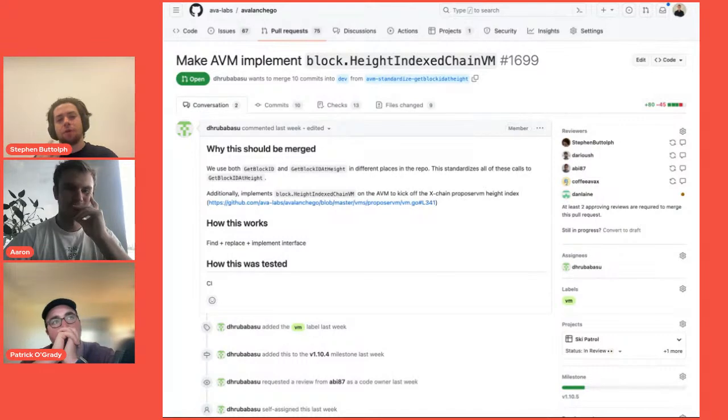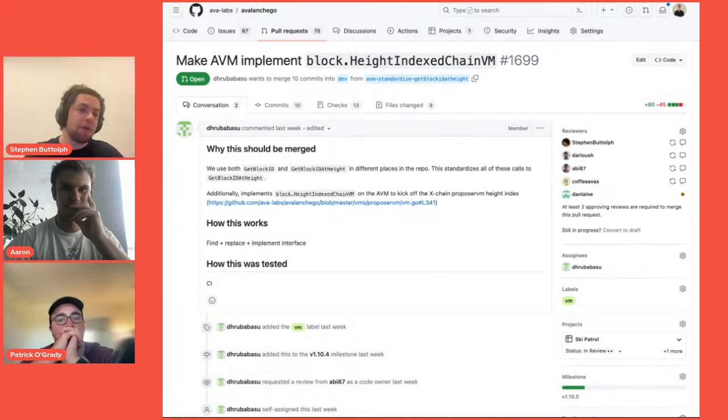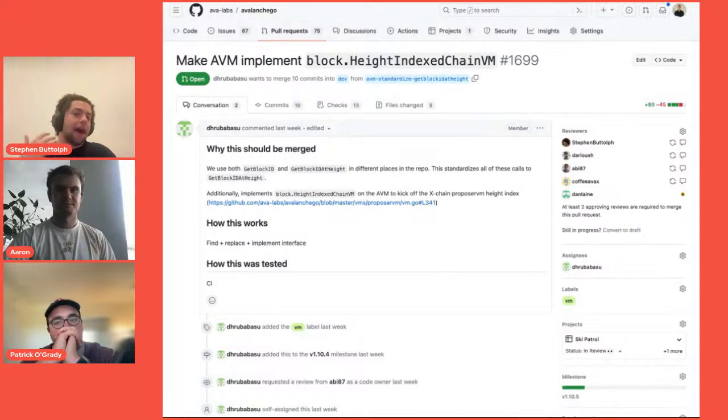We're in the process of introducing this height index to some of our chains that didn't have it before because it wasn't needed, specifically the X-chain and the P-chain. The X-chain didn't have it because it was a DAG. When we linearized it, we introduced it to the block portion of the VM, so the new chain, as it moved forward, was indexing heights.